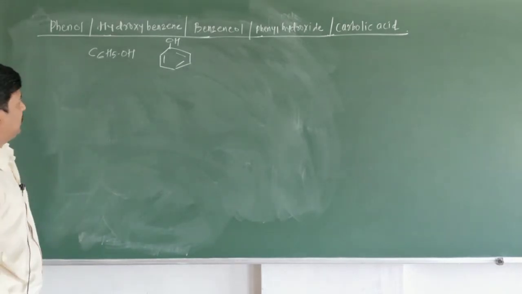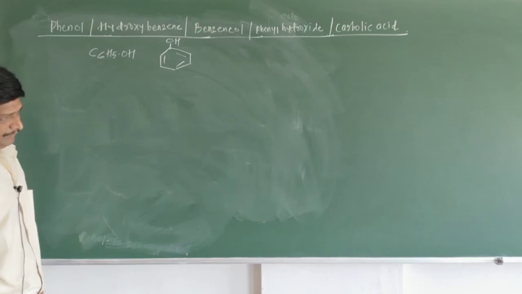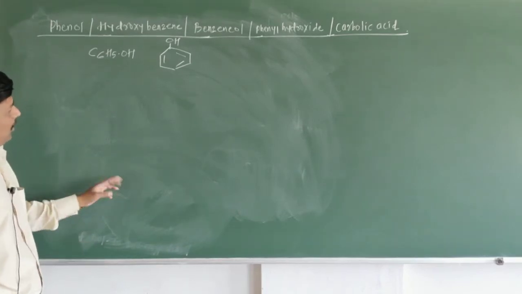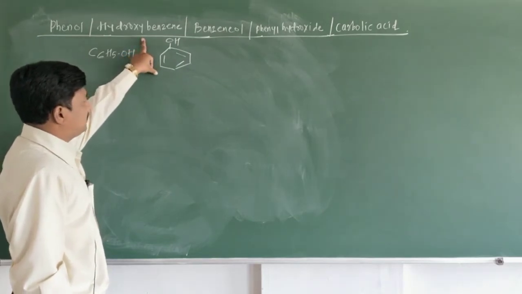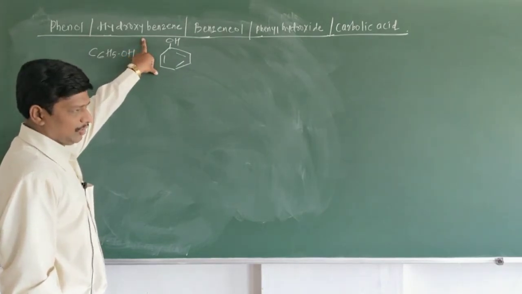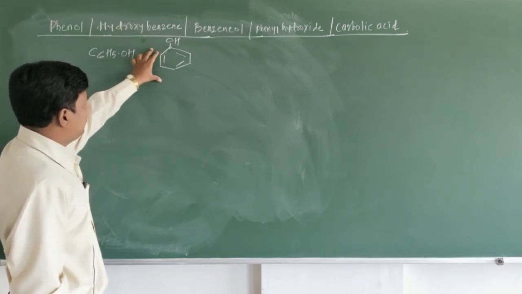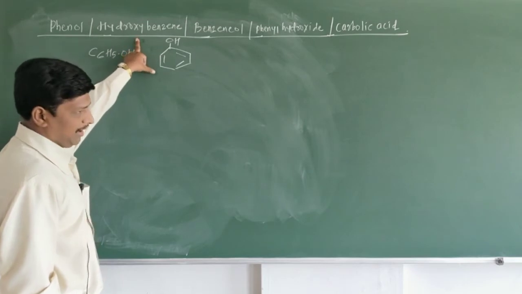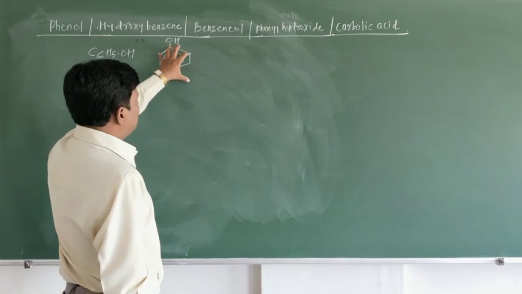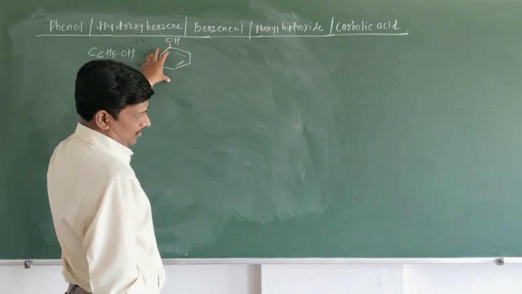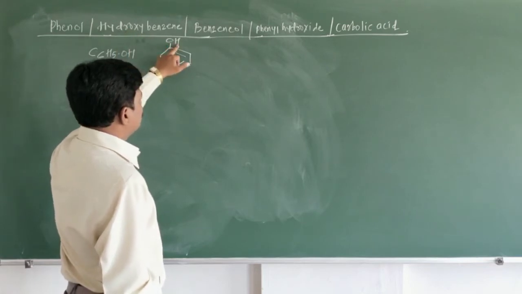Now let us first see the meaning of these names. First of all, why is it called hydroxybenzene? This structure indicates the name hydroxybenzene, because in this structure a benzene ring is present, and on this benzene ring an OH hydroxy group is present.